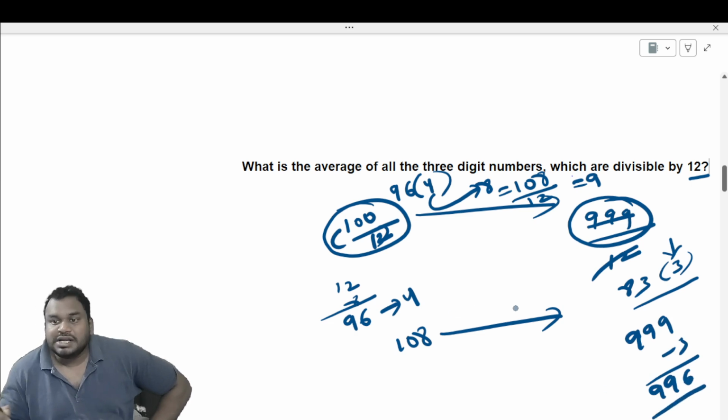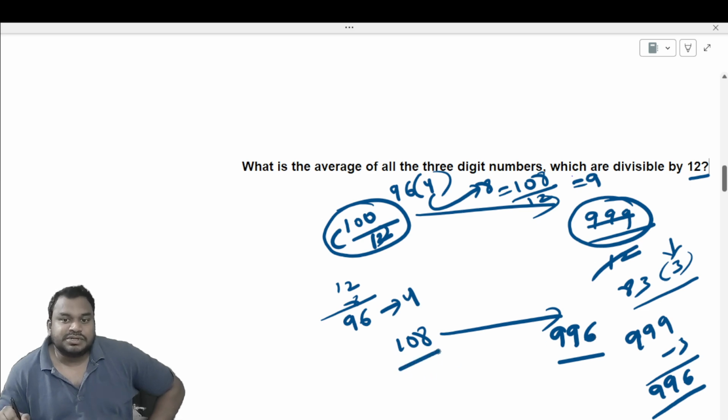So 996 is the value which is divisible by 12, and it is a 3-digit number. So the maximum 3-digit number which is divisible by 12 is 996, and the minimum is 108. So now he is asking their average.